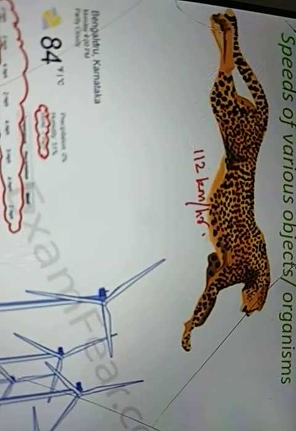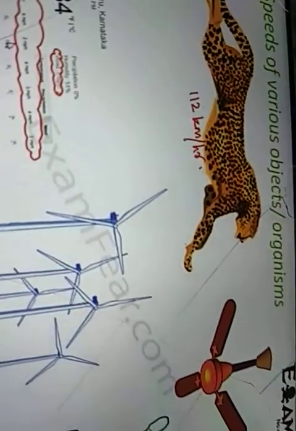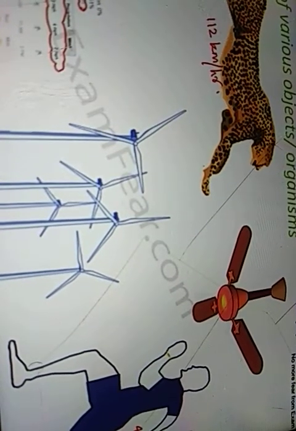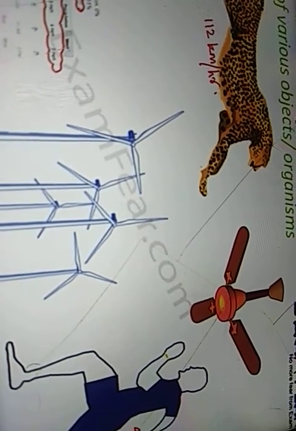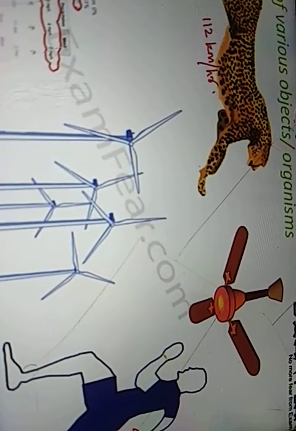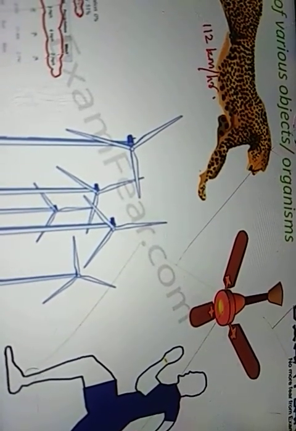Wind speed also influences a lot of things. You talk about the moving blades of a fan, that also has a speed. Everything which is in motion has a certain speed associated with it. So when we try to describe motion, we describe how fast the object is moving, and that is where we talk about speed.